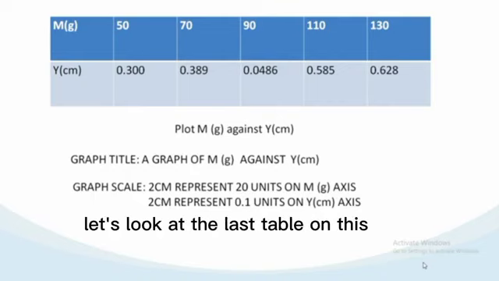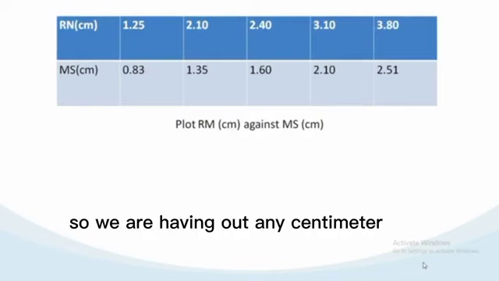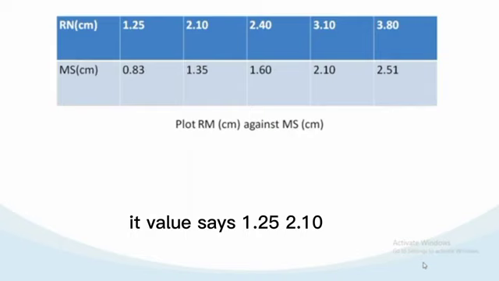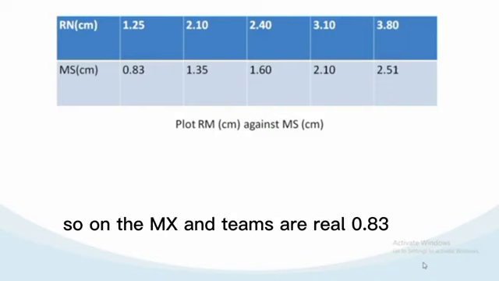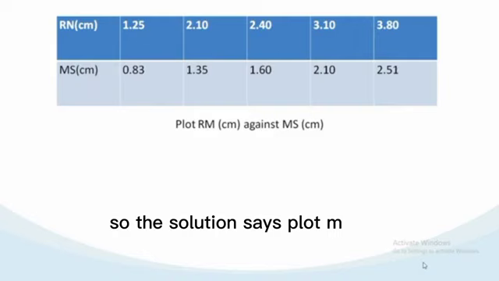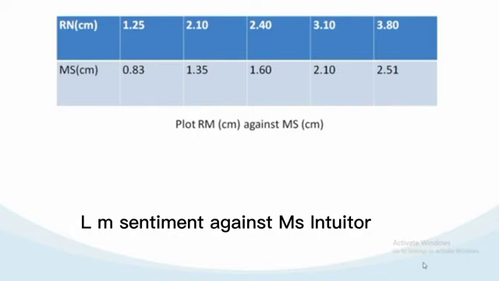Let's look at the last table. We are having Rm in centimeter against Ms in centimeter. The values say 1.25, 2.10, 2.40, 3.10, 3.80. And on the Ms centimeter, we have 0.83, 1.35, 1.60, 2.10, 2.51. So the instruction says plot Rm centimeter against Ms centimeter.